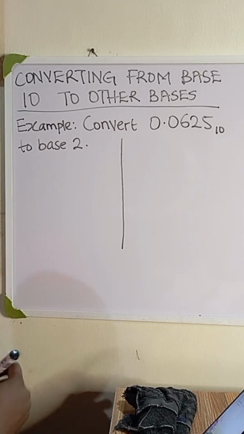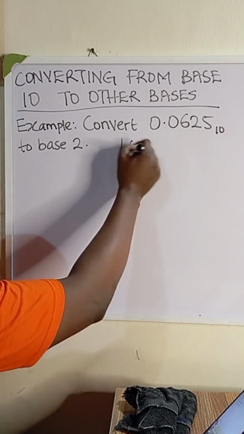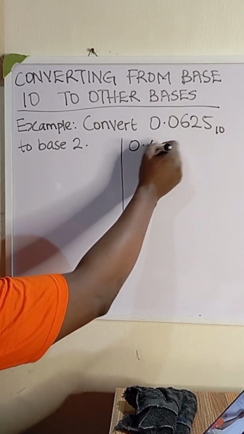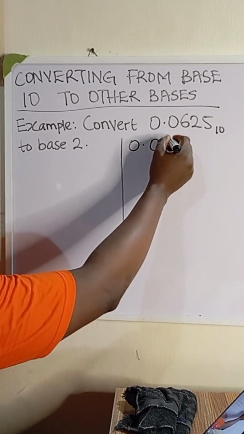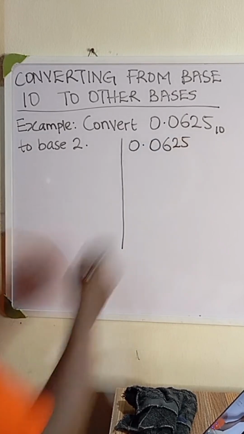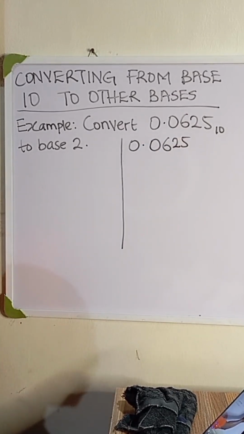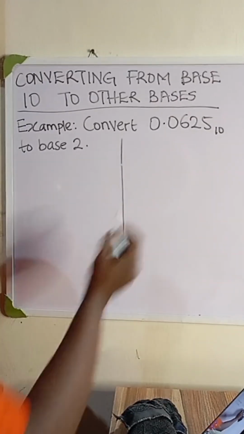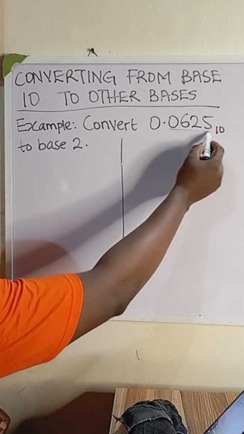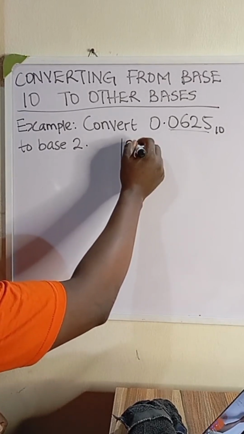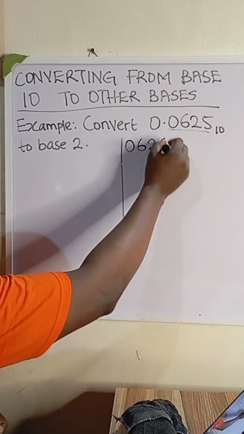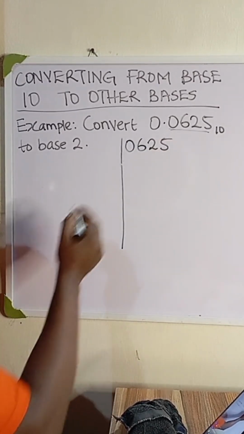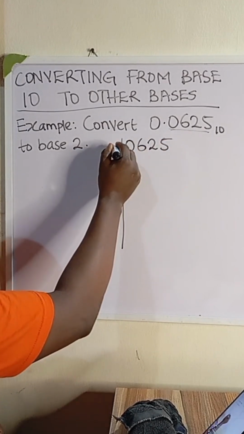So now we have 0.0625. We are converting to base 2. So we write the decimal number 0.0625, and then this decimal point we put it here.